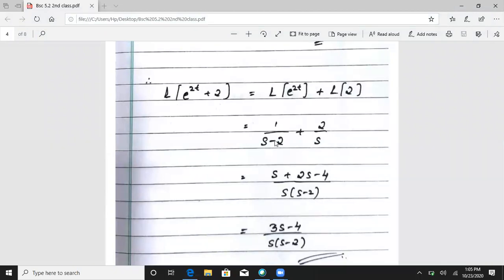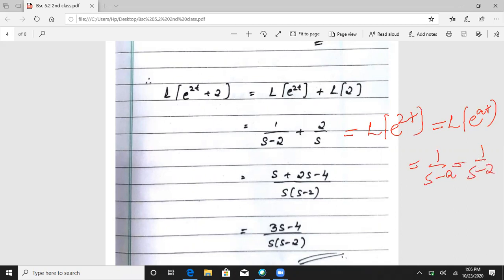L of e to the power 2t, we just solved L of e to the power at, that is 1 divided by s minus a. We write it as 1 divided by s minus 2. And this function L of 2 is L of k, which we solved previously, so it comes k divided by s. In this problem we write 2 by s. Okay, this one and this one. Is it clear to you?